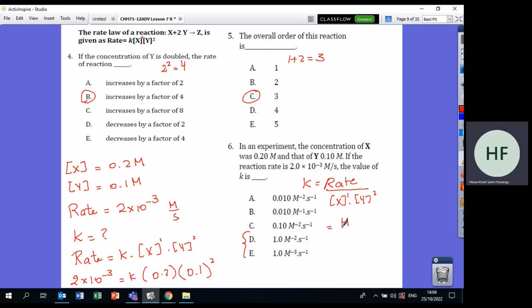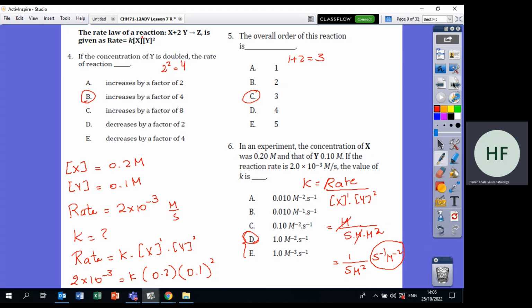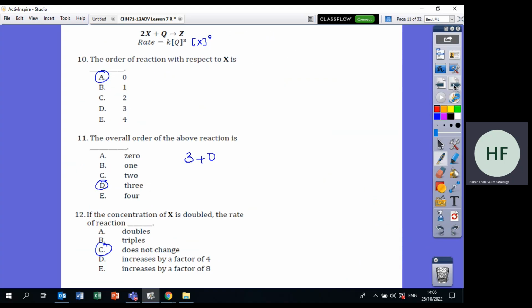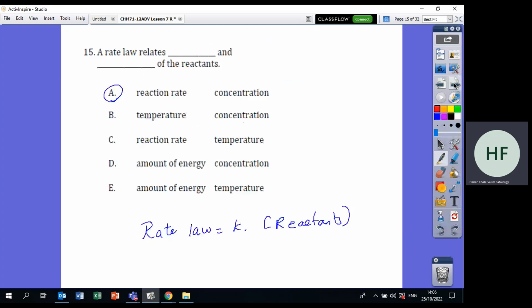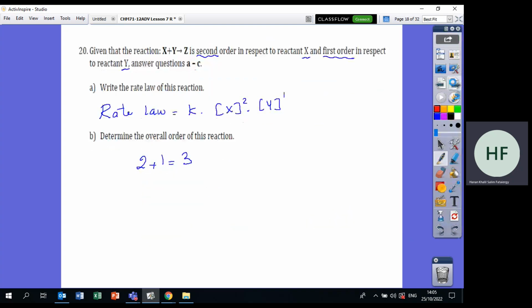Okay, the rate is M over s, x is M, y is M square. M with M will be cancelled, then I will have 1 over sM square. So this one is the correct answer. When you bring them up, it will be s minus 1, M minus 2. You don't have to memorize the units. If you are good in doing this step, then it will be easy for you. So this is the way we determine the units of K.